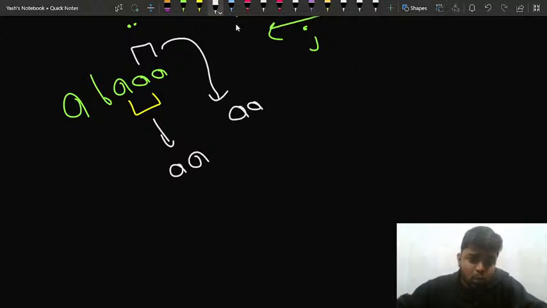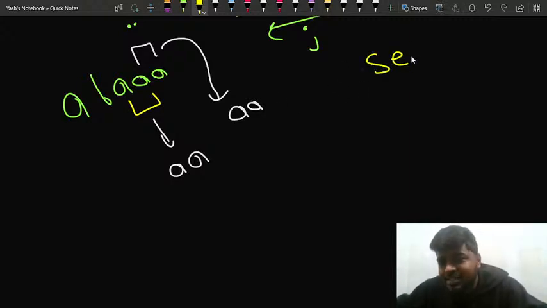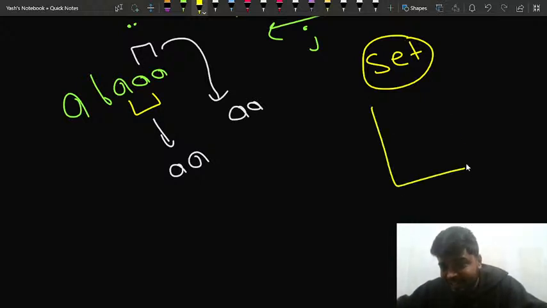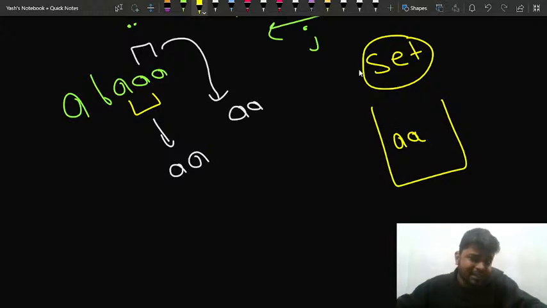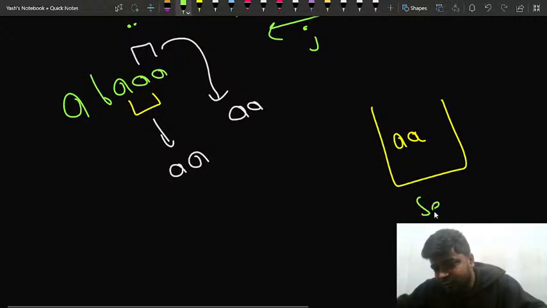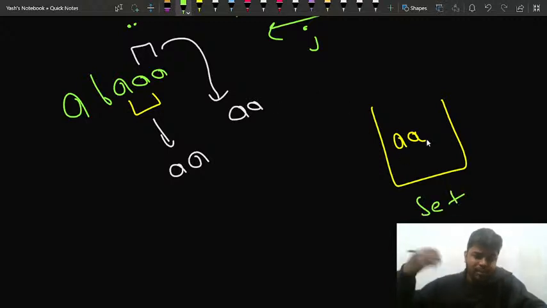So what would you do? You will not count them repetitively. So what you will do is you will have a set, or a map, in which, if you have already counted a, and you insert a again, a would remain only one time.